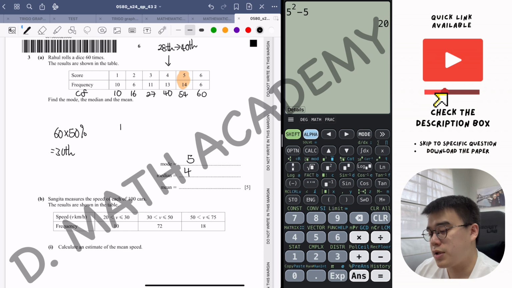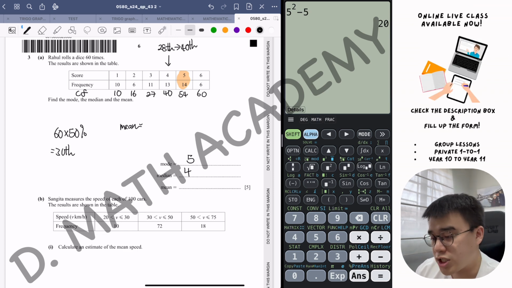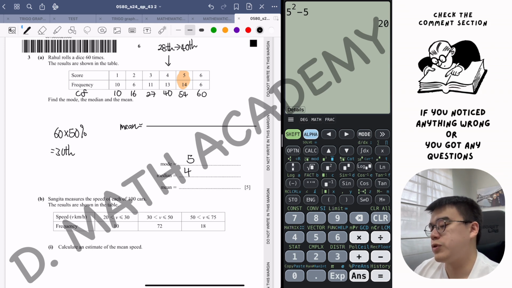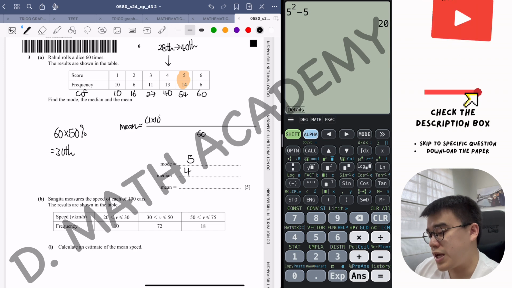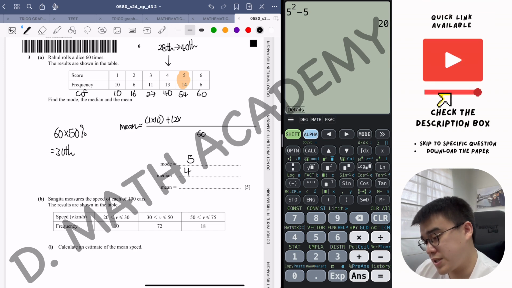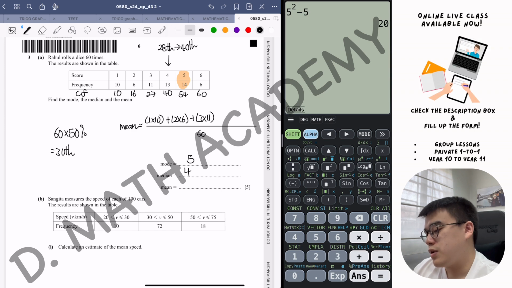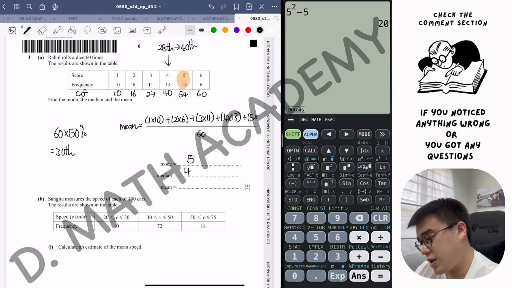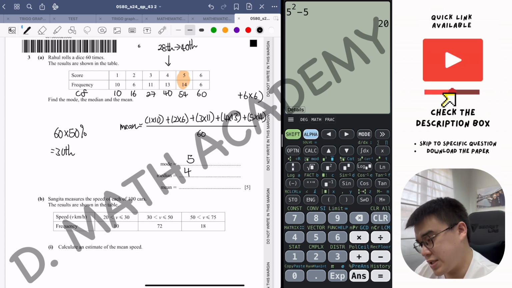Okay, so to calculate the last thing, which is the mean, mean also has another name called average. So we're supposed to take everything, multiply it with the frequency count, and divide it by 60. So you have 1 times 10, 2 times 6, 3 times 11, 4 times 13, 5 times 14, and lastly 6 times 6.